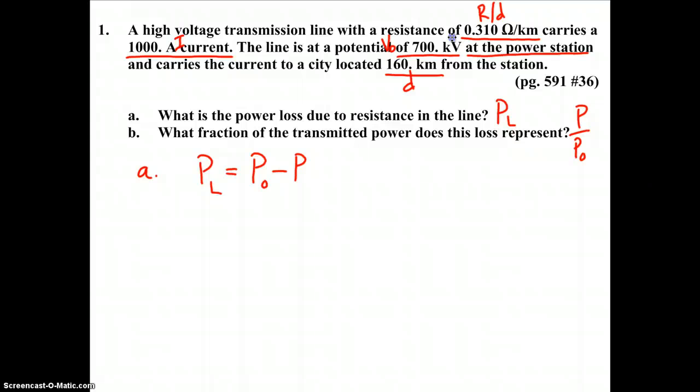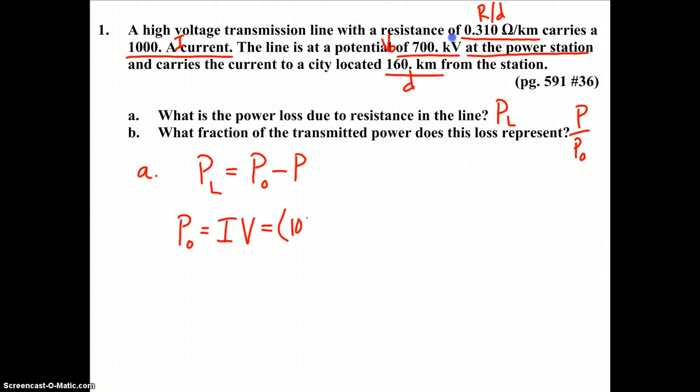Well, I think we have enough information to find the initial power. All we need is 2 electrical quantities given for us at the power station, and they told us that the initial voltage was 700 kilovolts and the initial current is 1000 amps. So we'll go to the version of the power equation that has those 2 electrical variables in it, P equals IV.